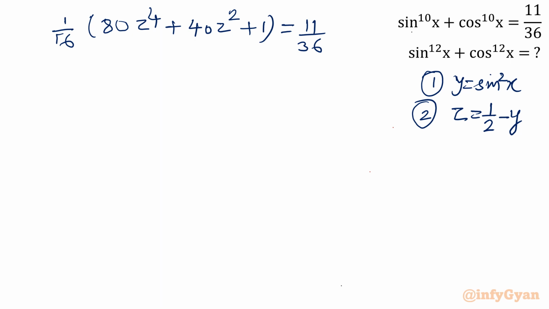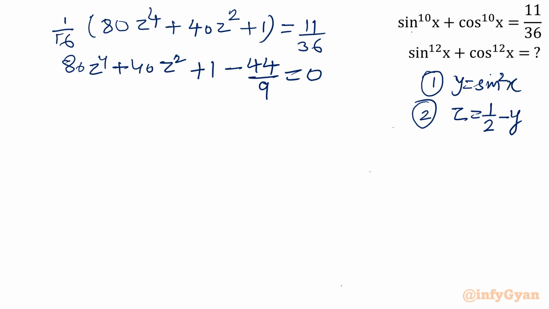Okay, let's solve this equation now quickly. If I take 16 to the right, then the equation will convert to 80 z power 4 plus 40 z power 2 plus 1, taking all the terms to the left, 44 over 9. If I simplify further, 16 z power 4 plus 8 z power 2 minus 7 over 9 equal to 0.